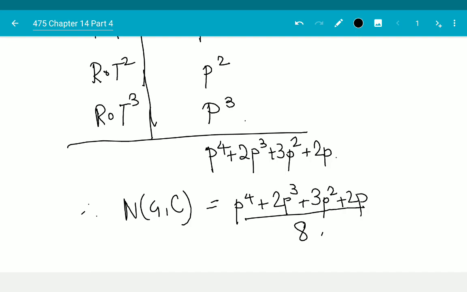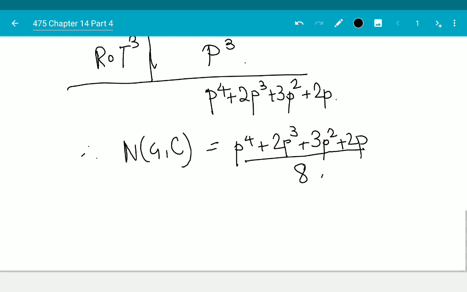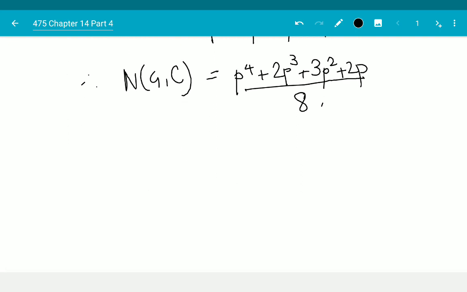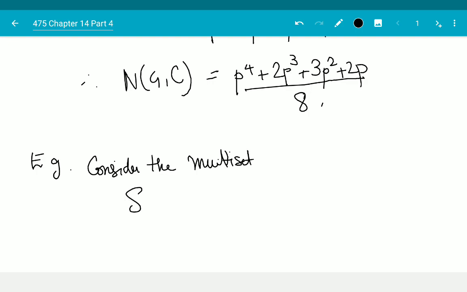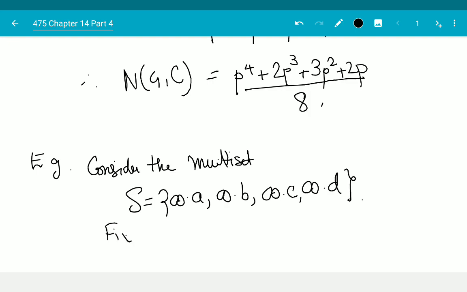Let us do some other examples. Consider the multiset S equal to infinity times A, infinity times B, infinity times C, and infinity times D. Fix an integer n greater than or equal to 1.